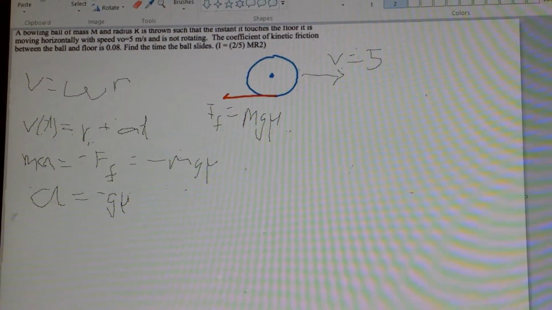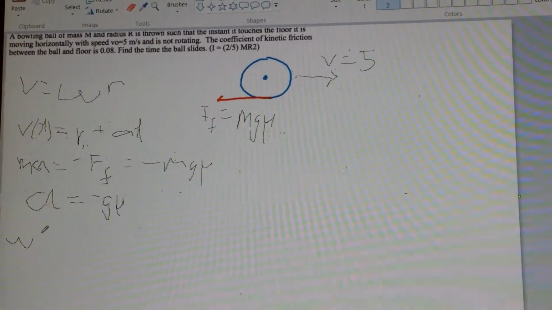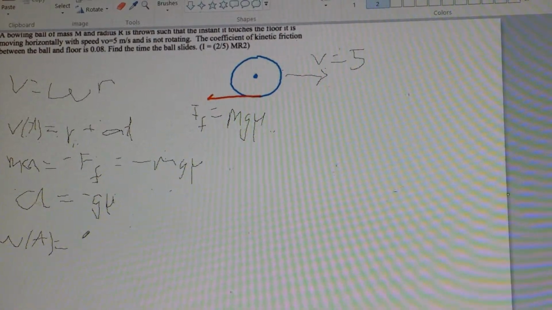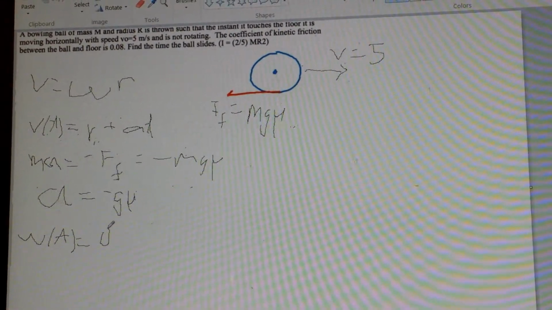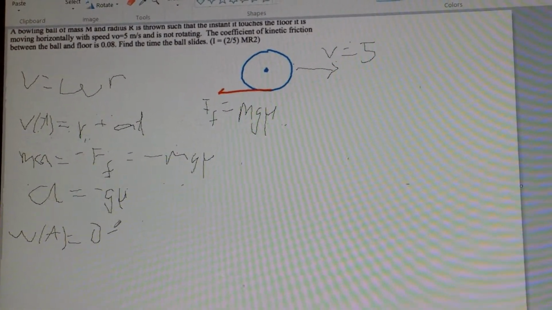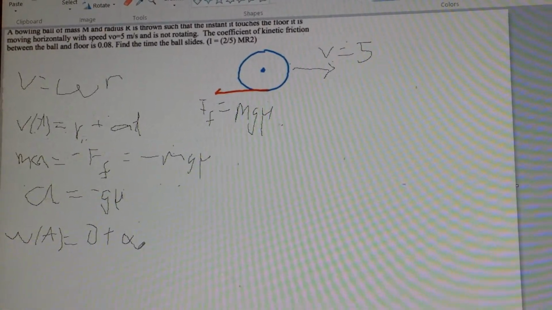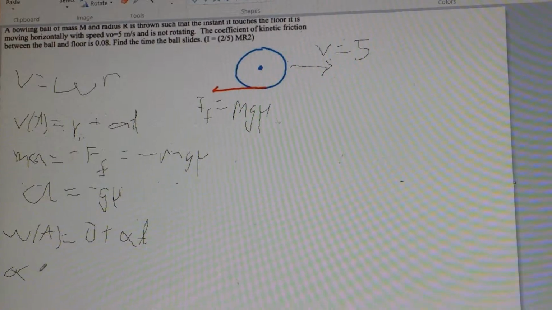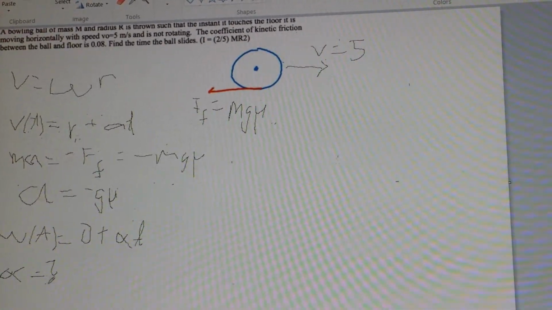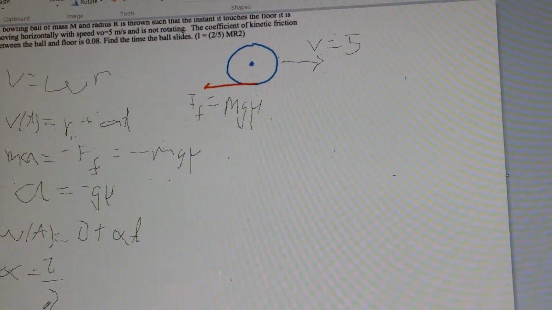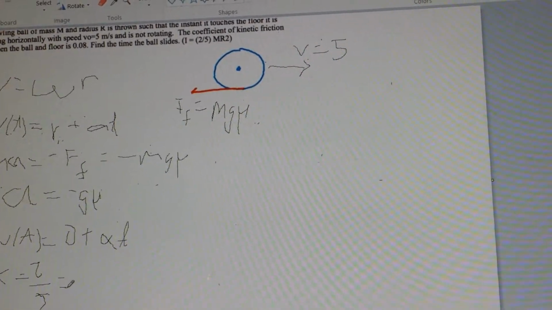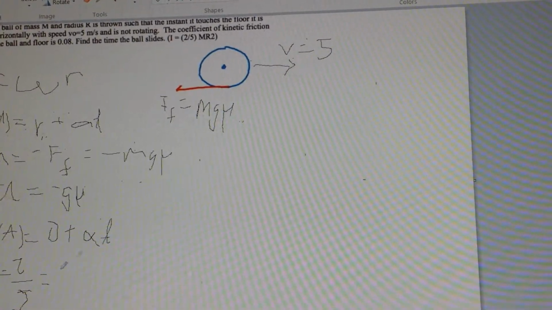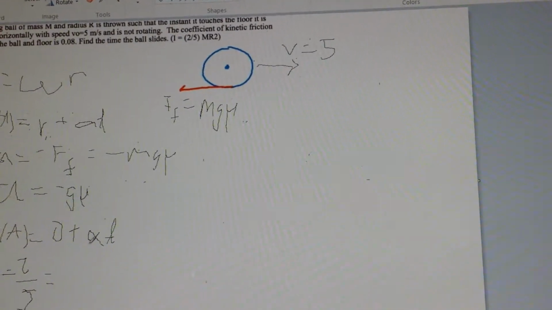And we also want to find what omega is. Omega of t equals omega initial, which is going to be 0, plus alpha t. And we know that alpha is going to be equal to torque over moment of inertia. And torque is going to be radius times the force applied, which is the force of friction.